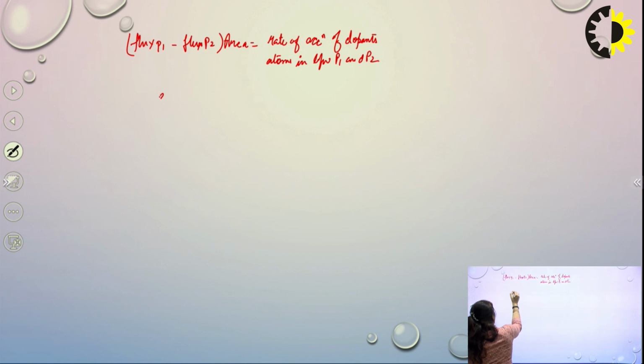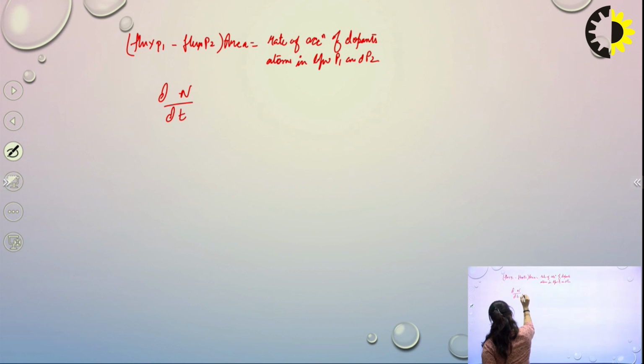In the previous slides I mentioned this in terms of concentration, that is C. Here I am denoting it just by N, so it is dN by dt into area into dx. dx is the distance between P1 and P2.